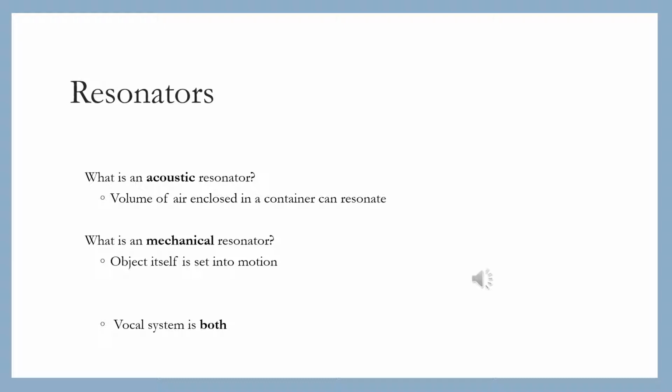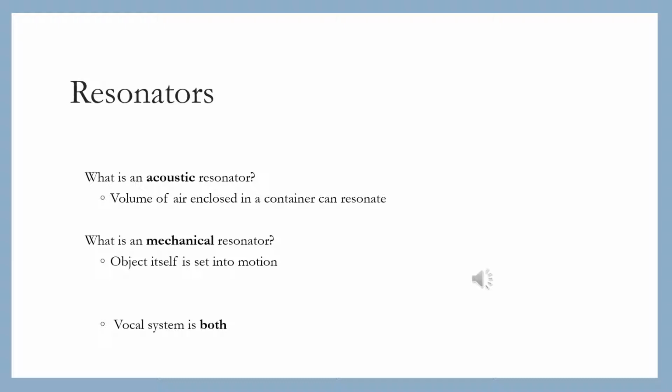When people think acoustic, a lot of times they think about a guitar. It's a volume of air enclosed in a container that can resonate. A guitar has its own cavity with an opening, and when you strum the strings, that's when you get the acoustic sound that comes through.